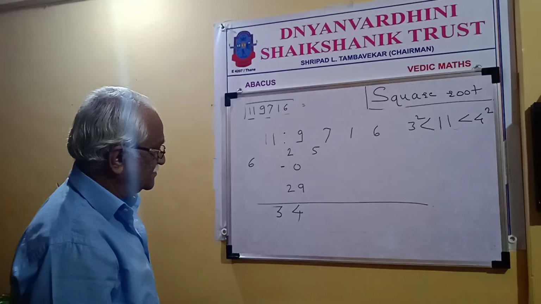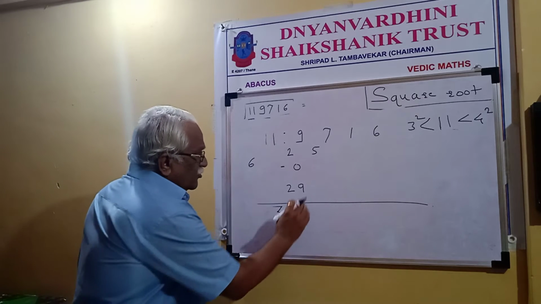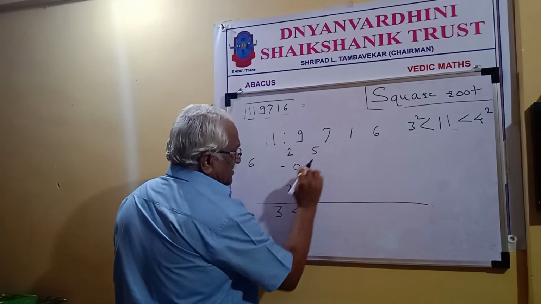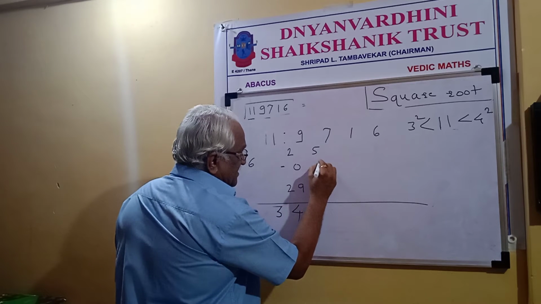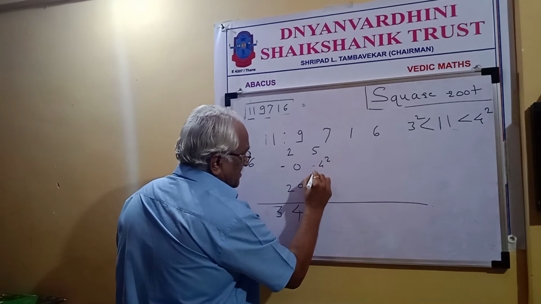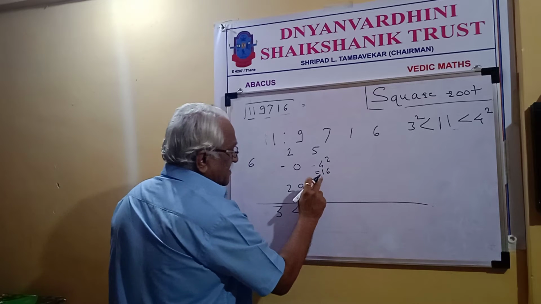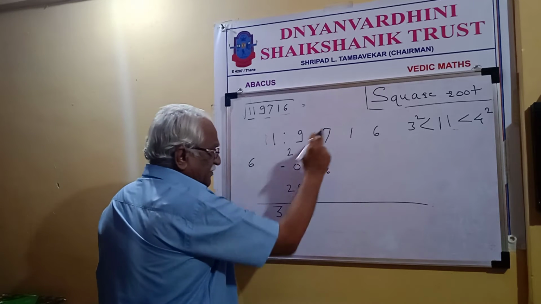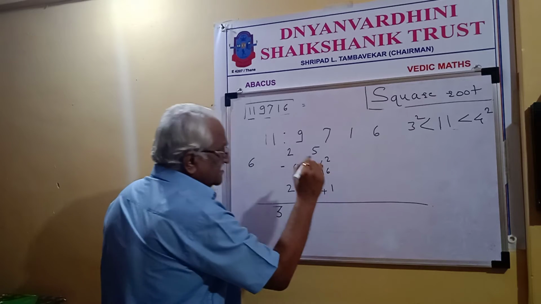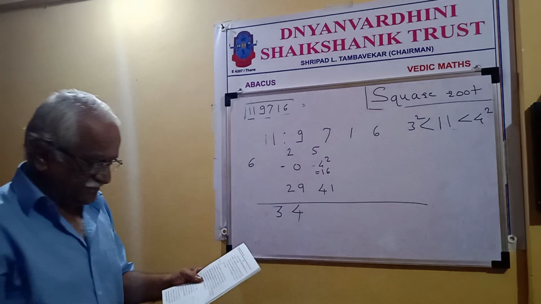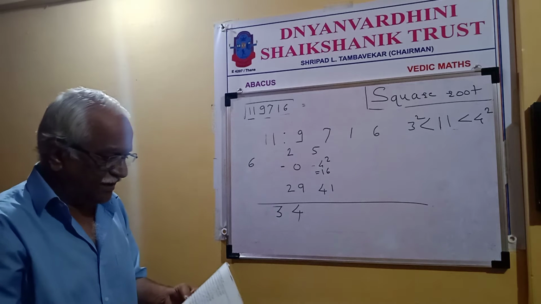Now here we have to deduct the square of the quotient, that is 4 square, that is 16, from this 57. It comes to be 41, right?